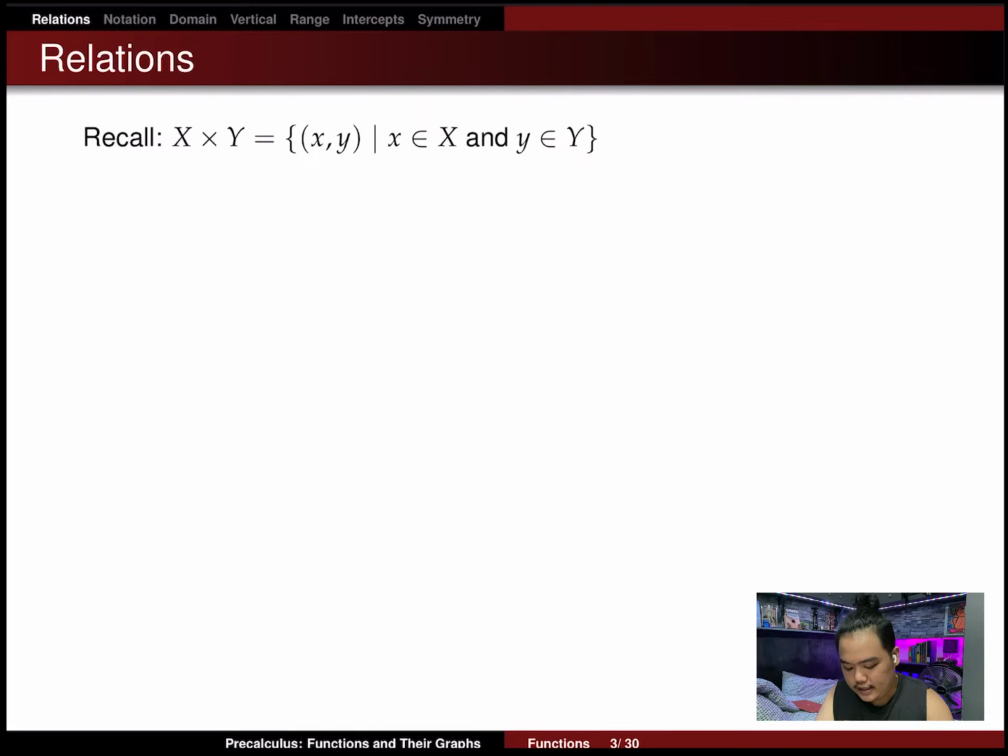So it's just a set of ordered pairs xy such that the small x is in capital X and the small y is in capital Y. So bakit natin siya ni-review? Because we will define the notion of a relation using this concept.